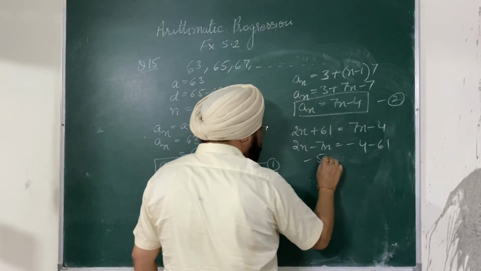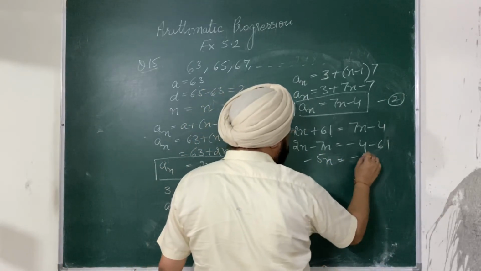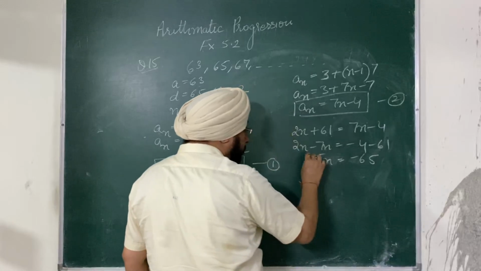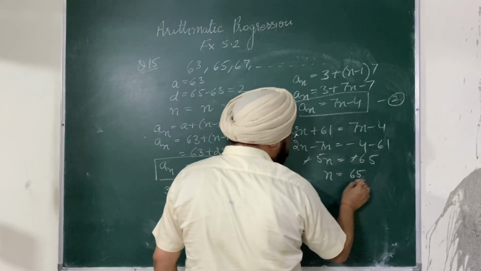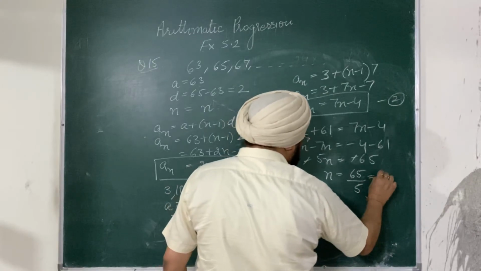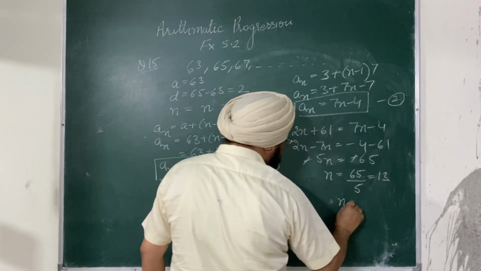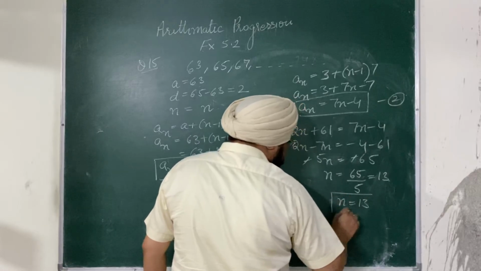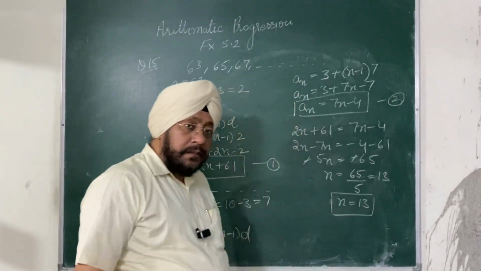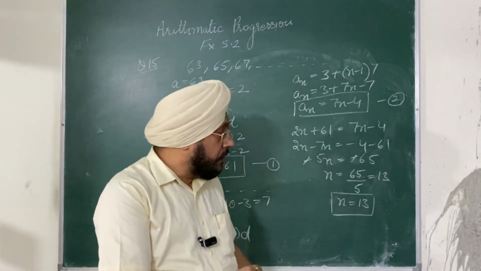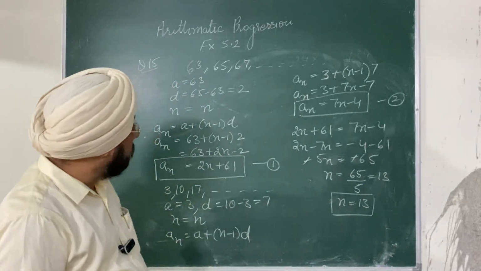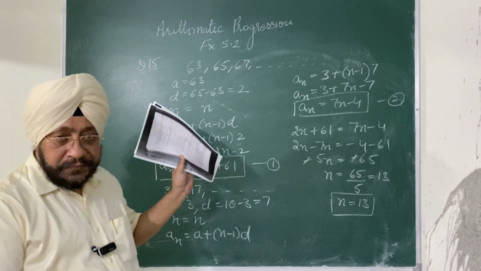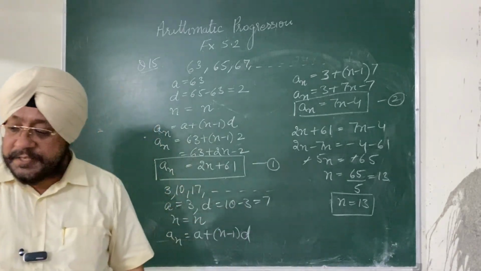We get minus 5n equals minus 65. Cancel minus from both sides, so we get n is equal to 65 by 5, which is equal to 13. So it means the 13th term will be the same in both the APs. So this is what question number 15 is. So let's come to question number 16.